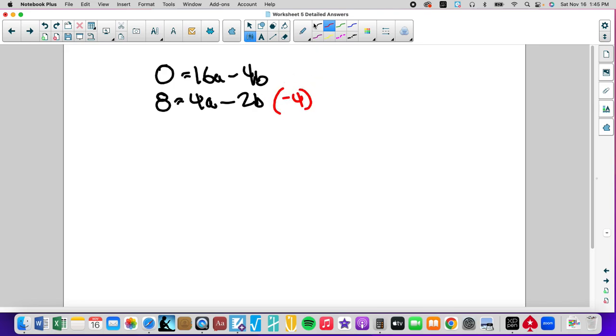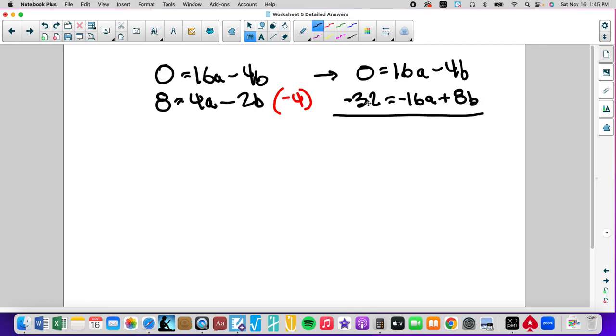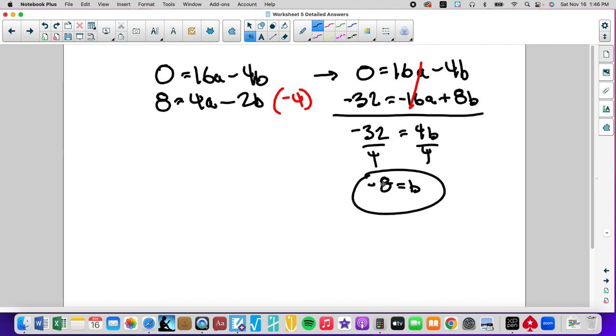We'll just multiply the second one by -4. That's the nice thing about that. We get 0 equals 16a minus 4b, so we don't have to do anything to that equation. That gives us -32 equals -16a plus 8b. The a's cancel this time. -32 equals 4b, divide by 4, -8 equals b.